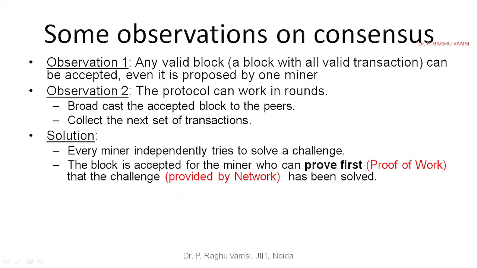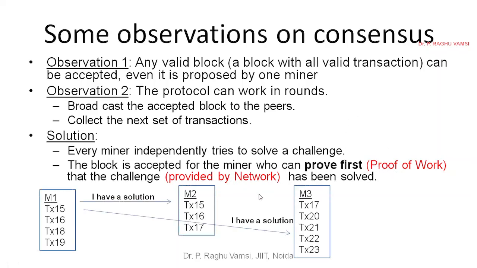That fellow is performing the proof of work. Who gives the challenge? The challenge will be provided by the blockchain framework or network, and it will be solved by the miner. Whoever solves it, that miner's block will be added to the blockchain.